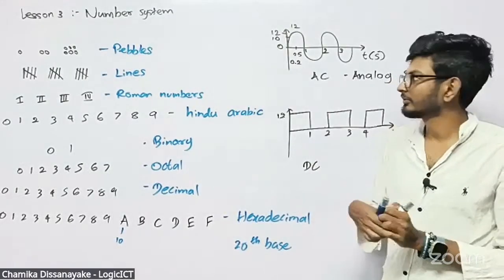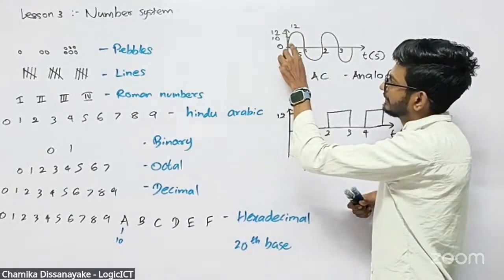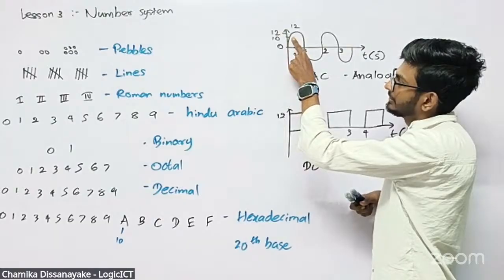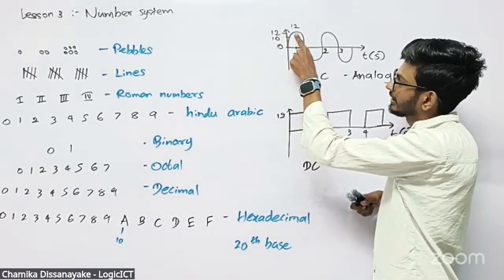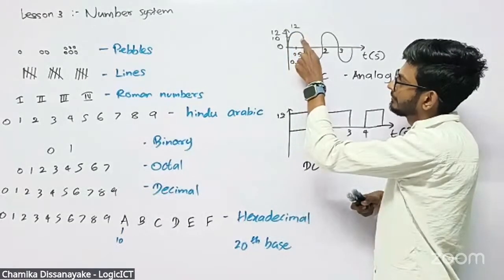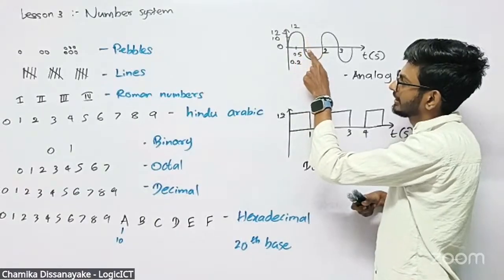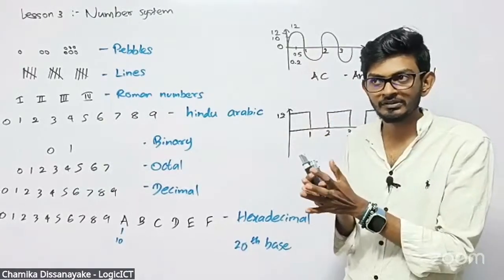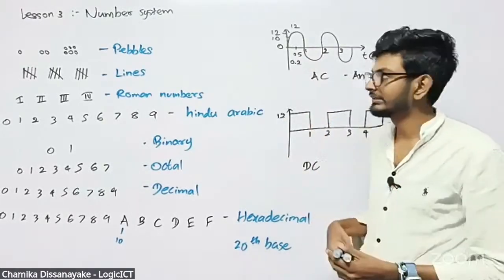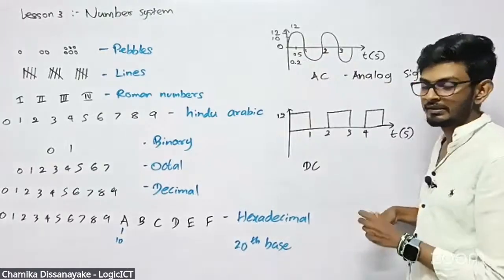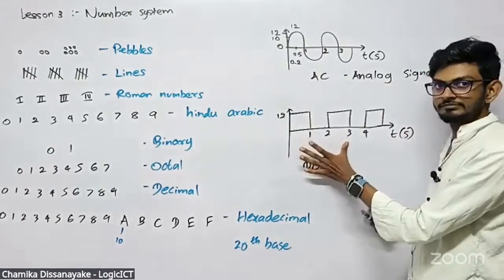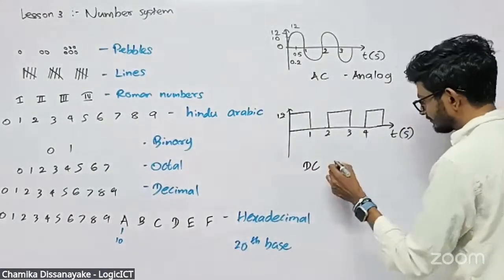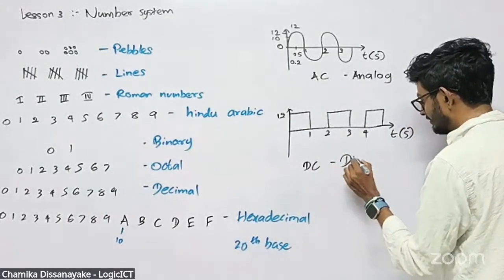Here it can be 5, here 6, here 10, here 12, and here again 10, here 0. There are several numbers we can get in our AC current. But when we come to DC, direct current, or for the signals, the name is digital signal.